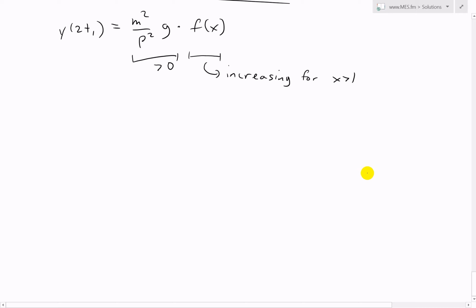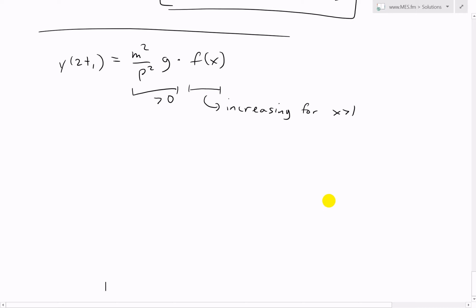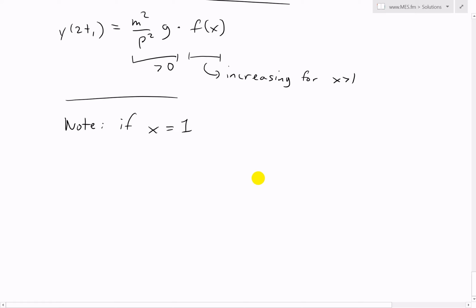Now we want to know if it's ever negative. Well, let's put a note here. Note, if x equals 1, which it isn't anyway, it's always greater than 1.